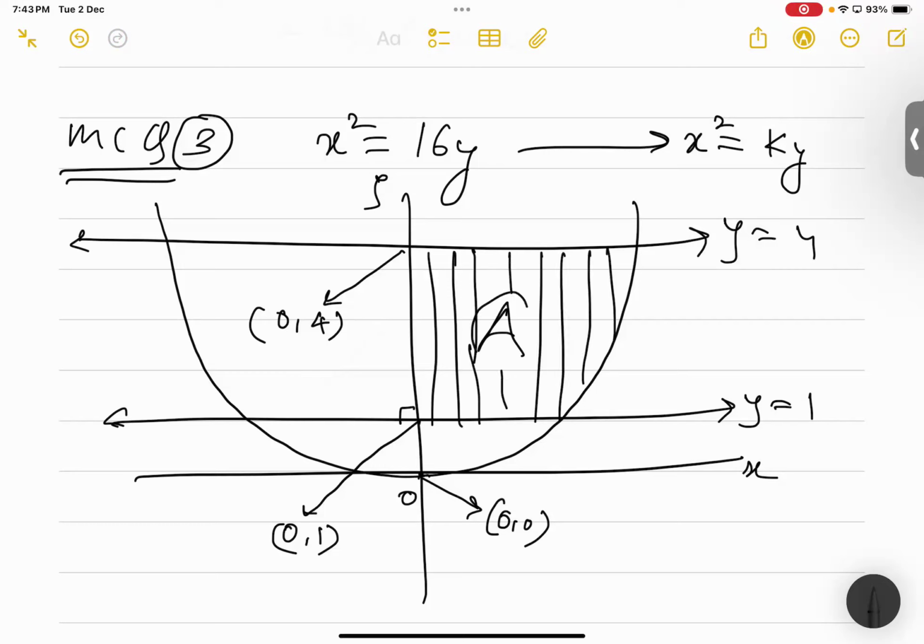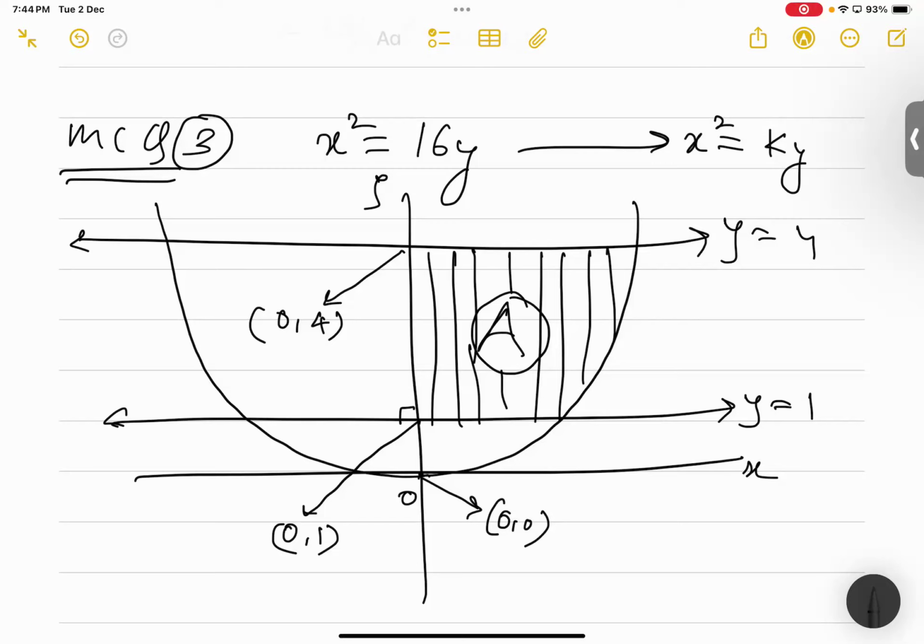Guys, are you understanding? Okay. Now we are moving along which axis?